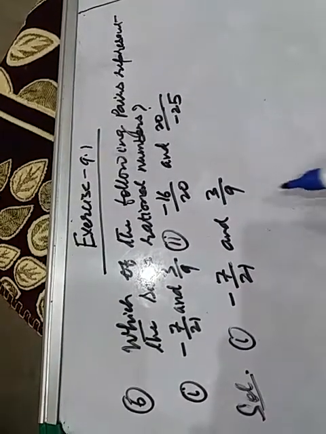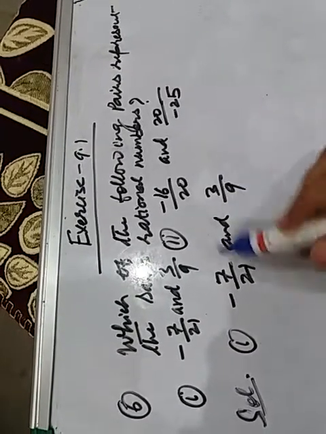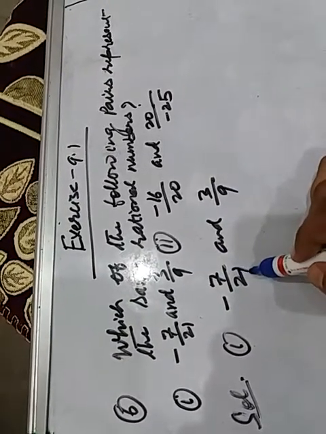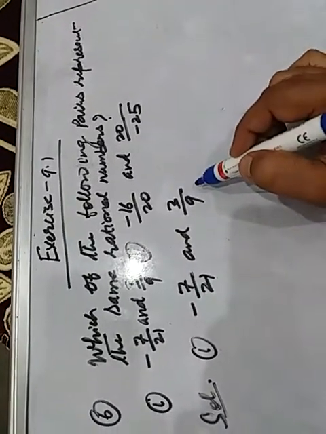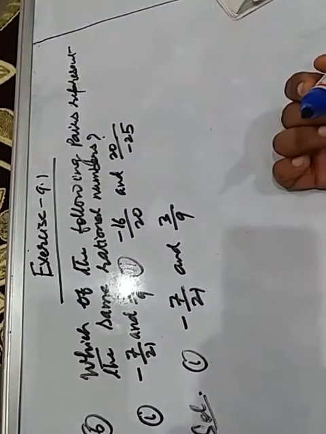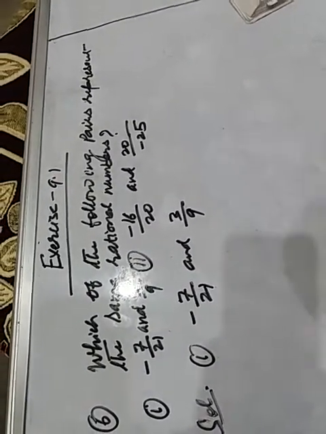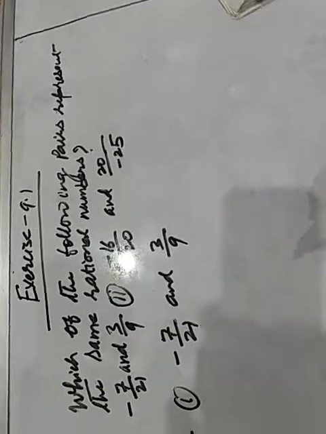Let us see, children. Here, minus 7 upon 21 is a negative rational number, whereas 3 upon 9 is a positive rational number, and we know that a positive rational number can never be the same as a negative rational number. Clear, children?